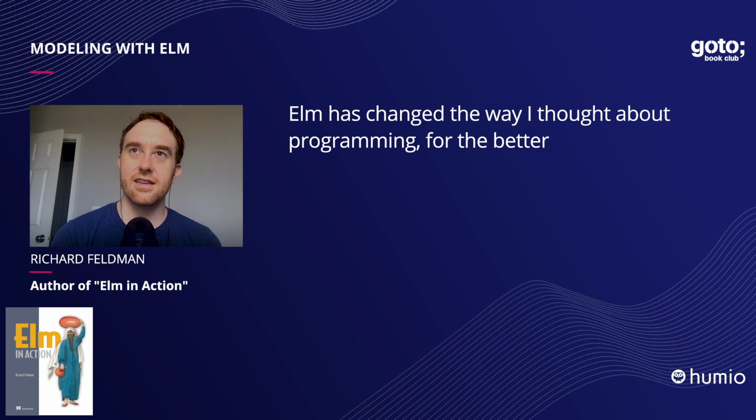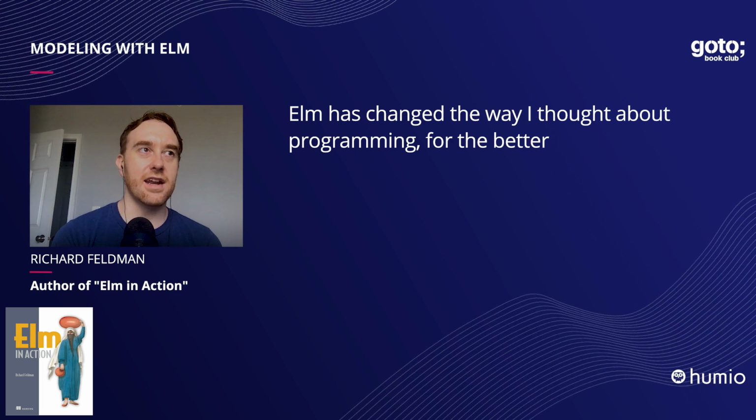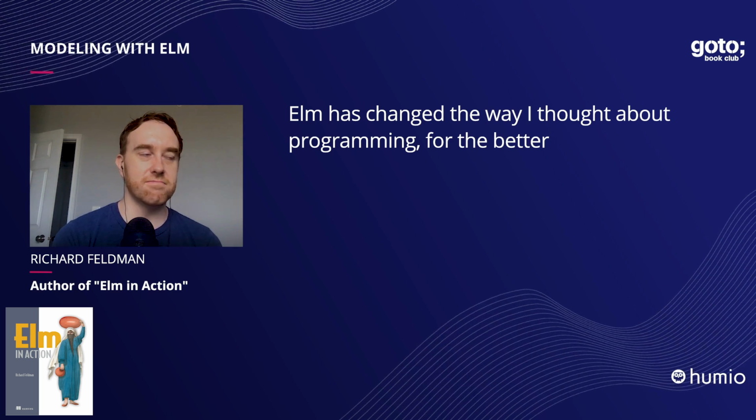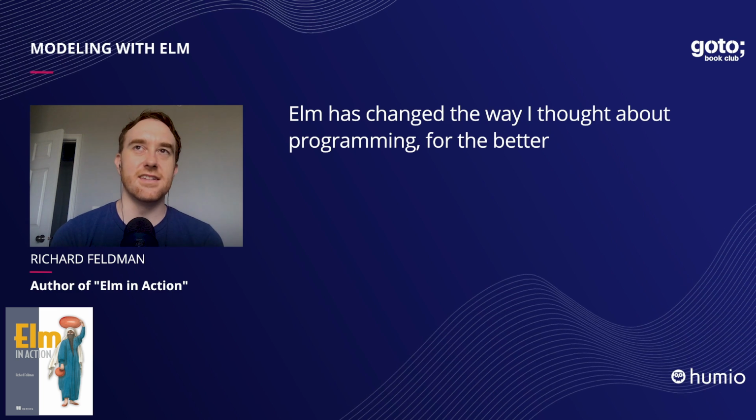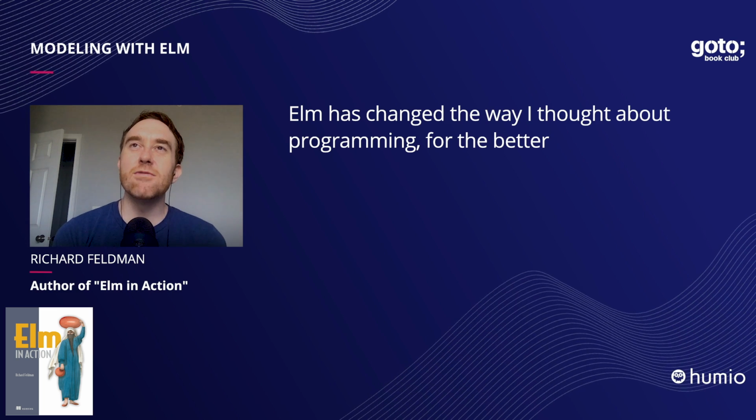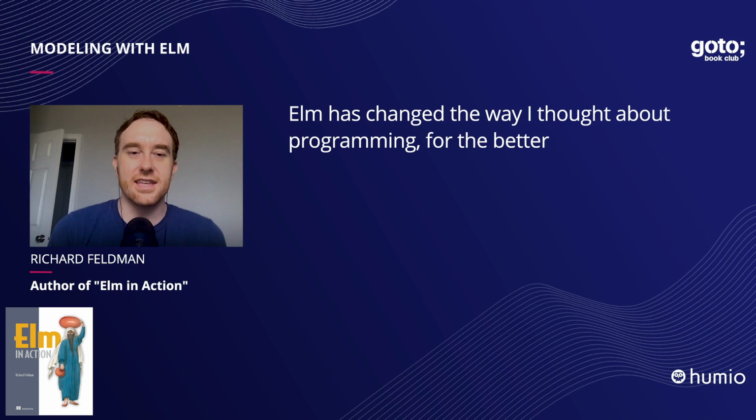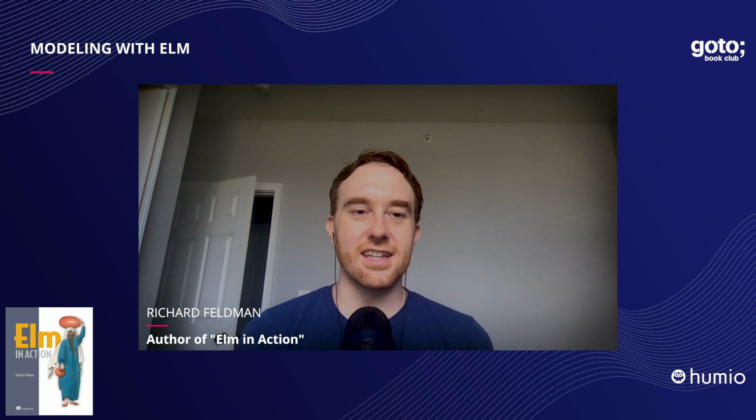The way that I write Elm code is more robust and better. The language sort of guided me to do that. I don't think it was a cultural phenomenon that people just decided to follow. I think it's the experience of using the language that makes me move in that direction, and it's a good direction.